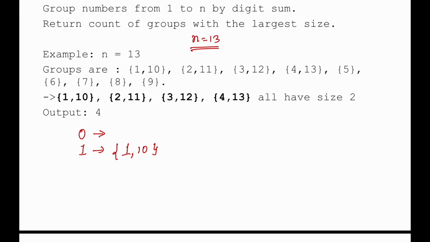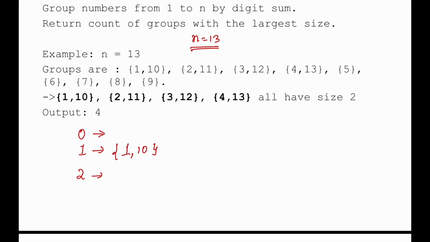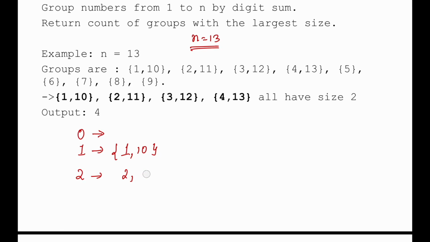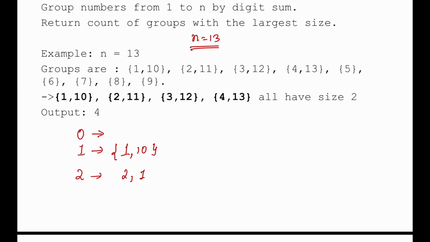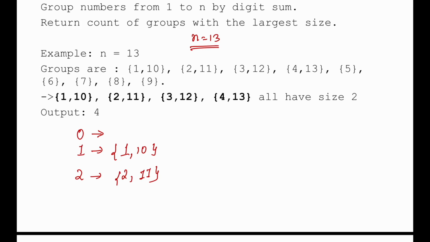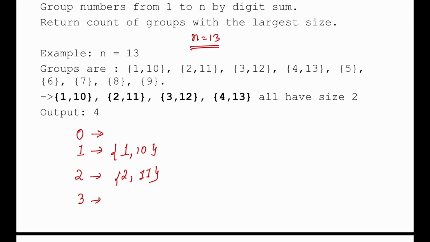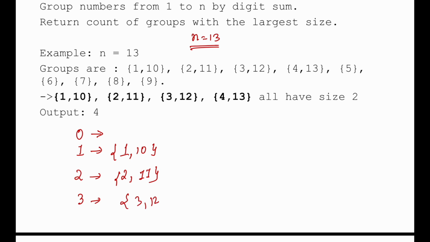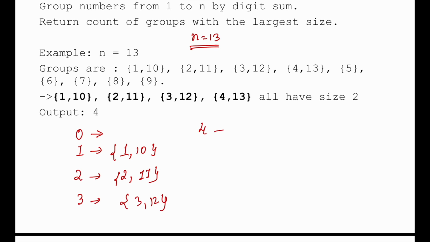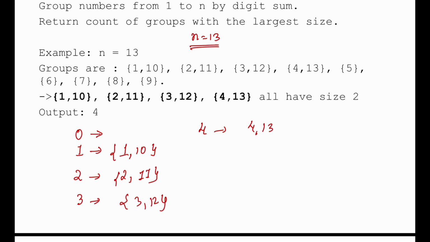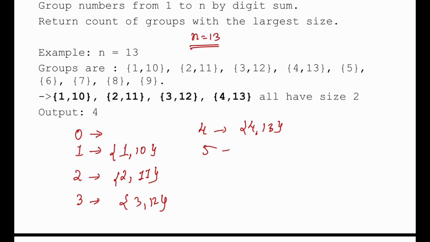This is the only group. For digit sum 2, we have 2 and 11. For digit sum 3, we have 3 and 12. For 4, we have 4 and 13.